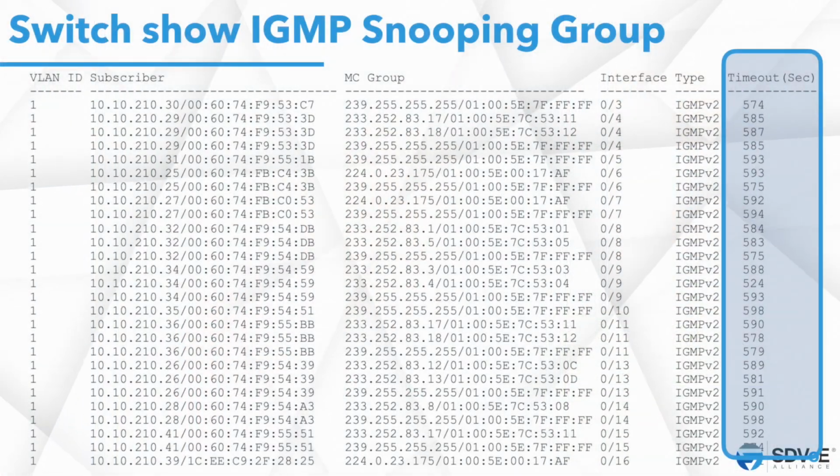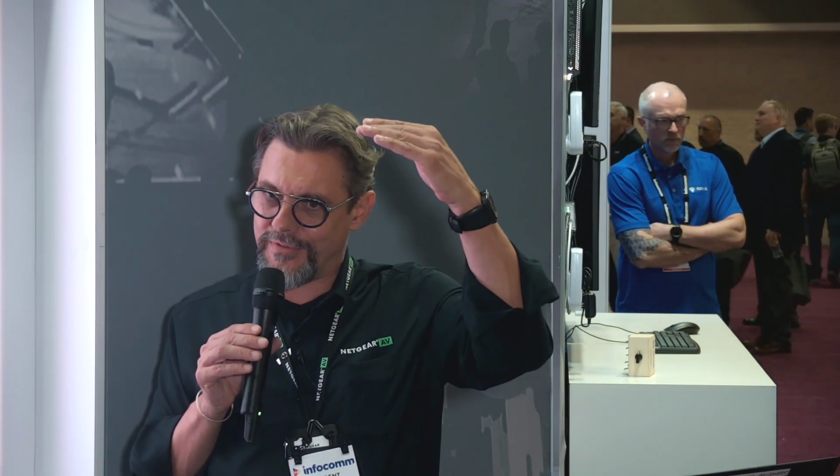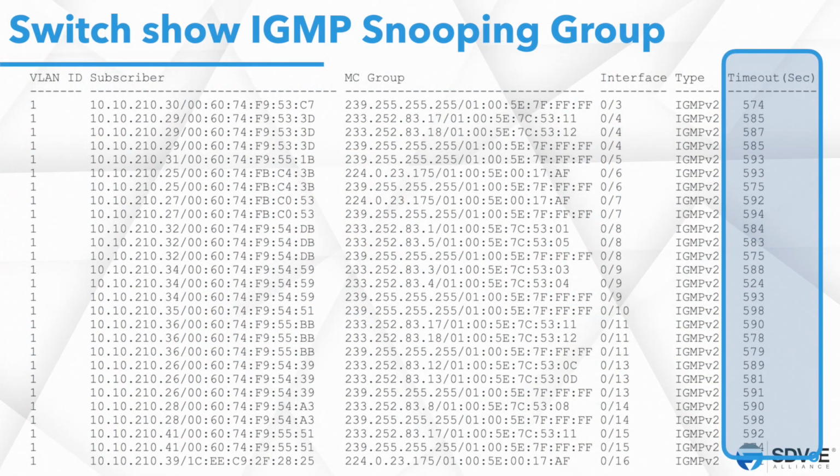So the IGMP queries are sent in order to get this answer. And as soon as the IGMP query gets an answer, you get to the top of the expiration time, which is on that switch 600 seconds. So because all timeout seconds are above 500, it means that we have a very healthy system.